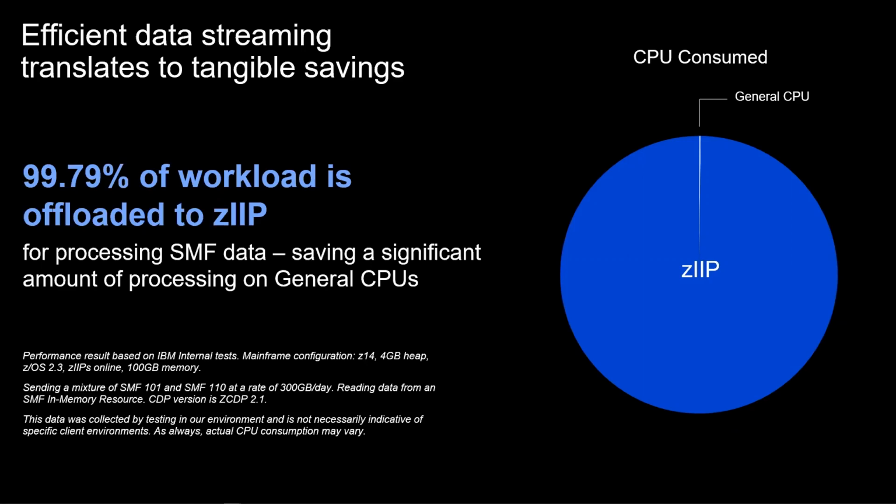And in this case, we did the testing looking at around 300 gigabytes of data, reading data from an in-memory buffer, and that was really one of the keys in getting some of these results. So, different configurations will always have different results, but it is possible to achieve this kind of result with the data collection and streaming solution.